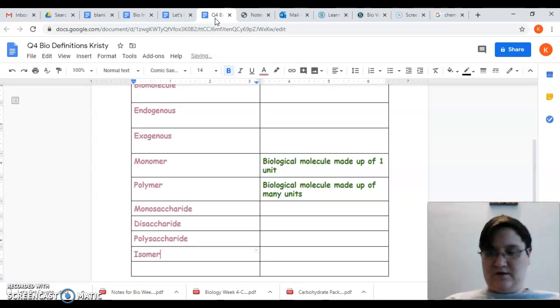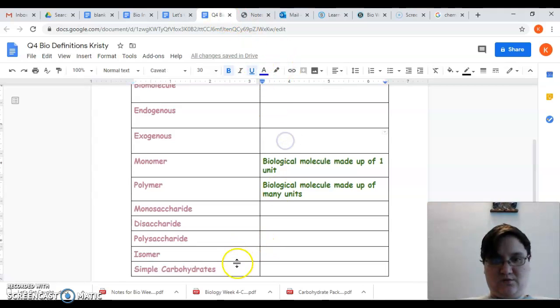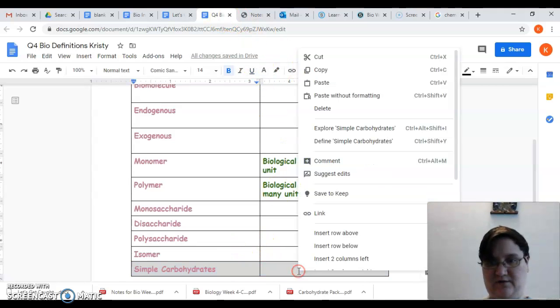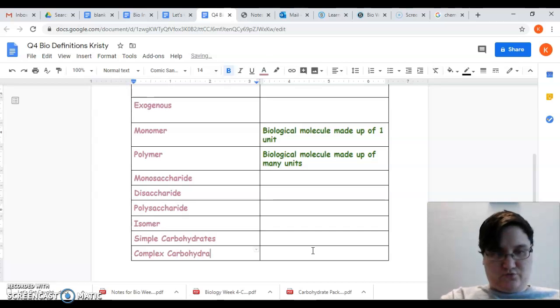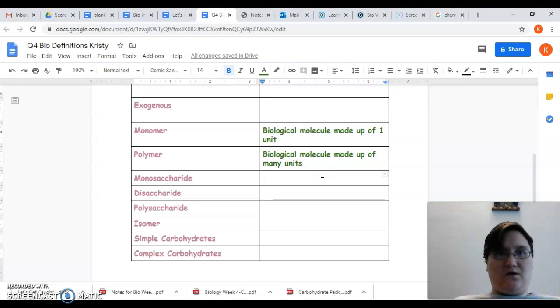Isomer. The fifth is simple carbohydrates. And then we're going to add one more. So highlight, right click, insert row below. Complex carbohydrates. Perfect. Okay, cool.